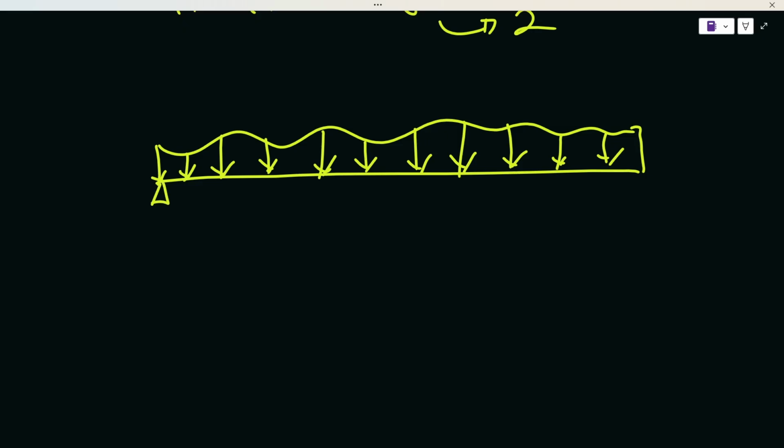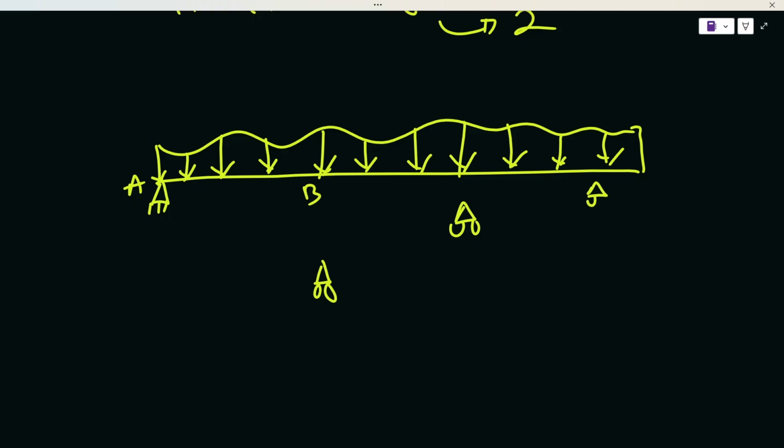So let's say it's supported hinged, and this is A, and let's say at B it's sunk. It's settled. I said sunk. Yeah, so the support settled also.